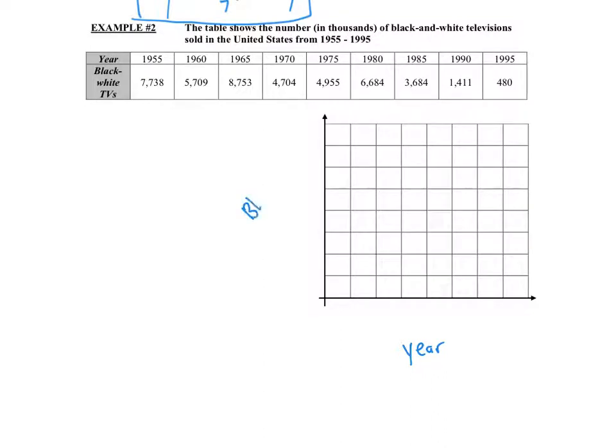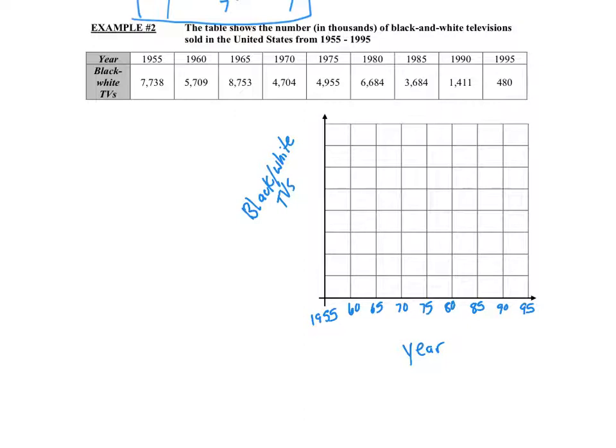So black and white TVs. So we have to go from 55 to 95. So 1955, and then 60, 65, 70, 75, 80, 85, 90, and 95.